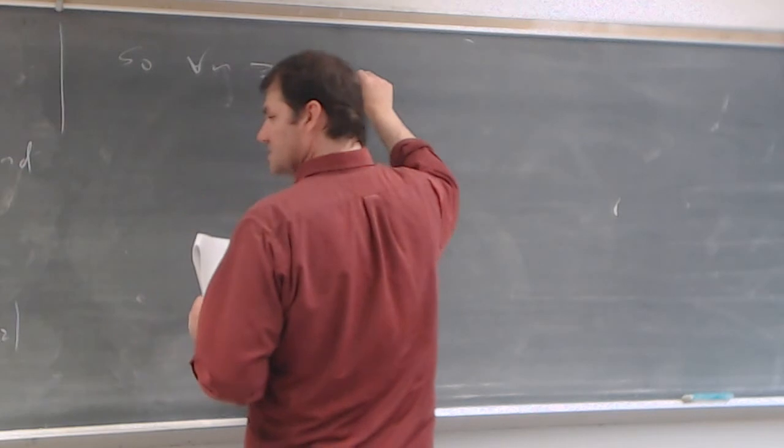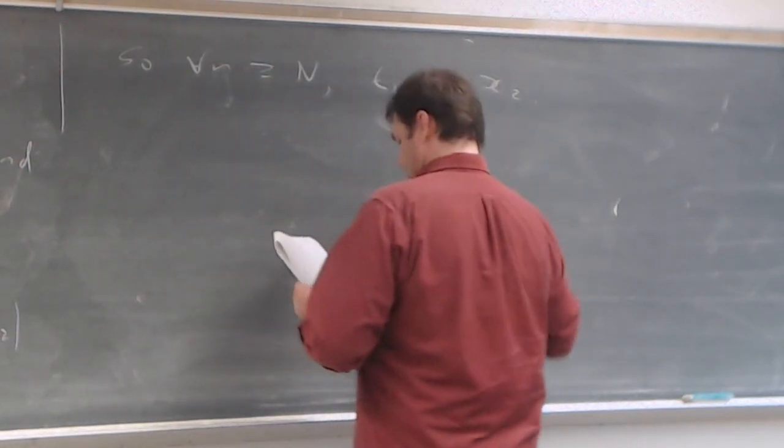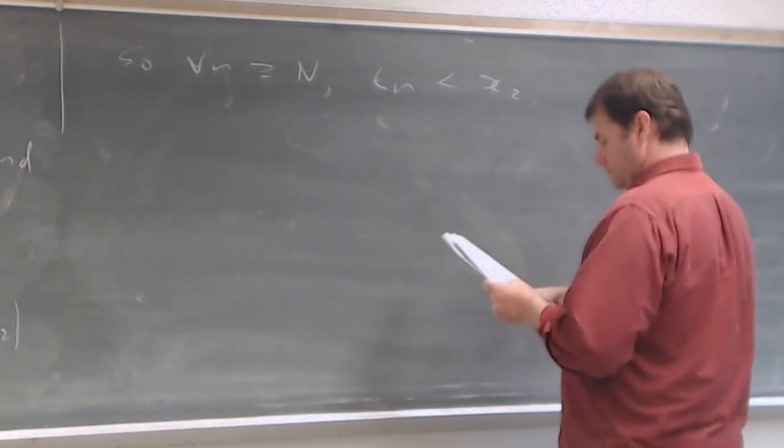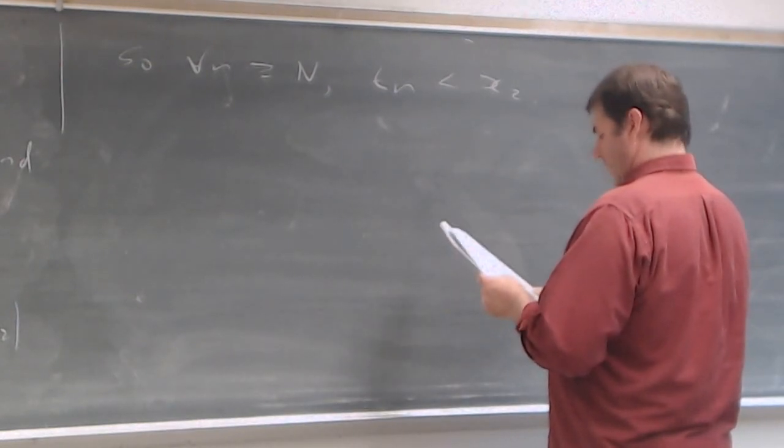Okay, what we have is that t sub n will be less than x sub 2. All right.